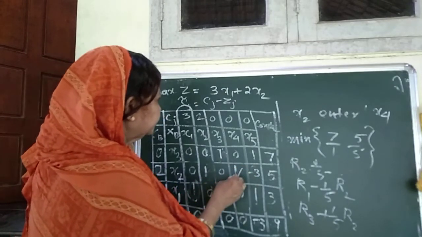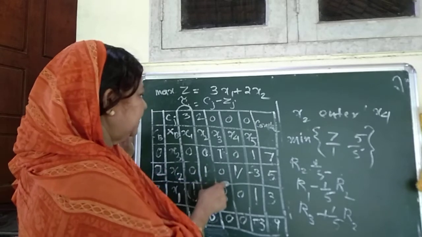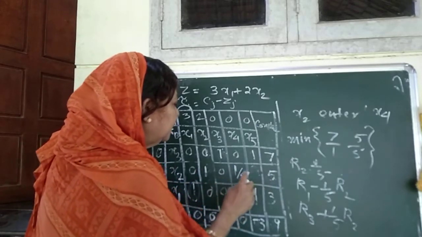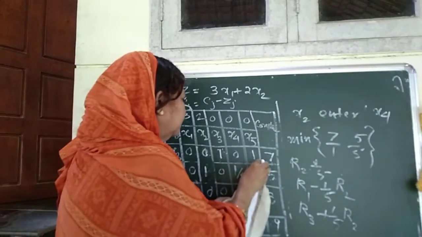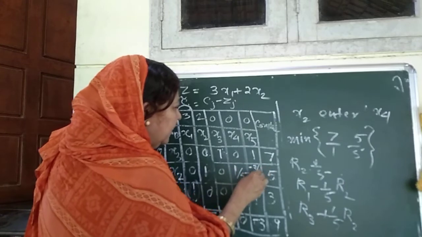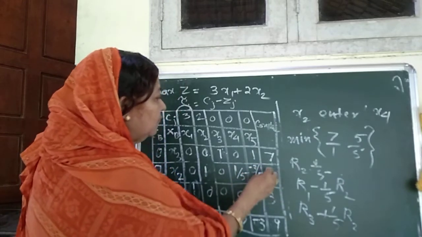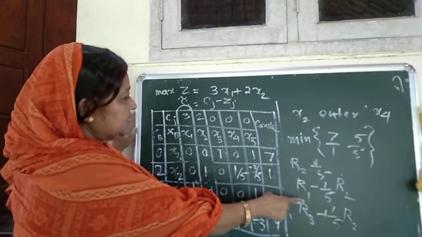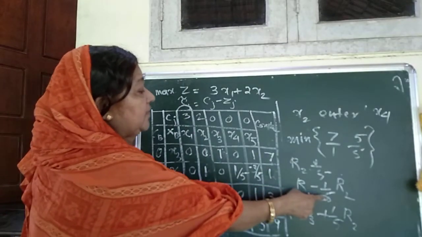Here, x3 is also basis. So here 1 by 5, minus 3 by 5, minus 3 by 5 and here 5 by 5 gives 1. Okay. The next transformation is R1 minus 1 by 5 into R2.